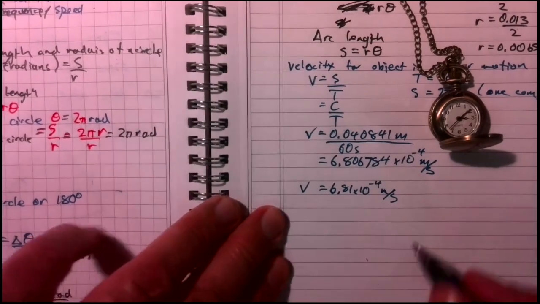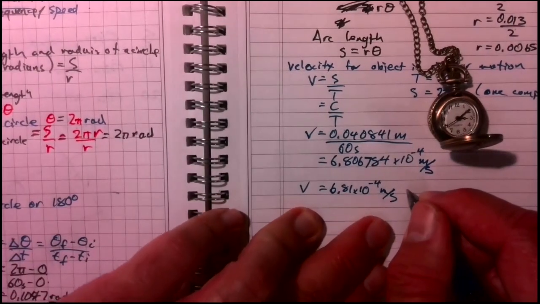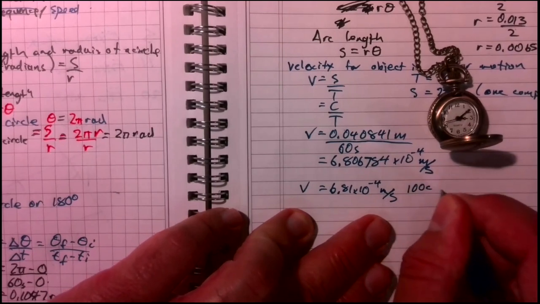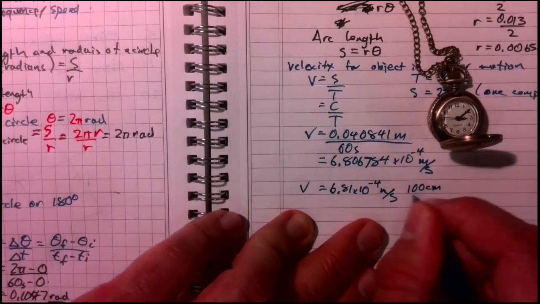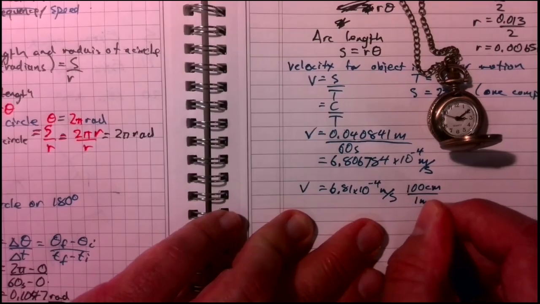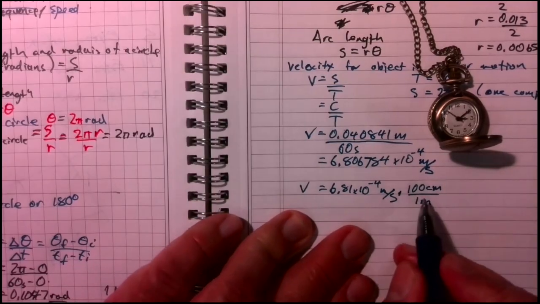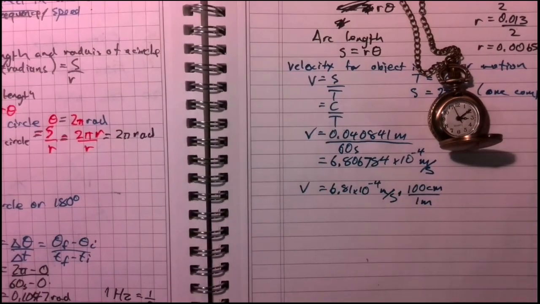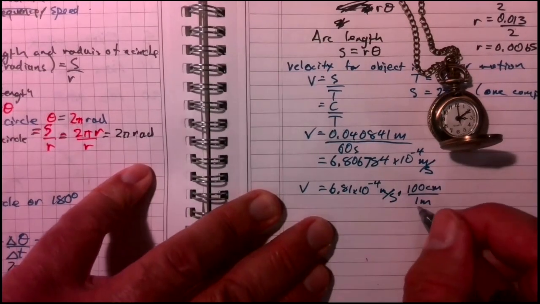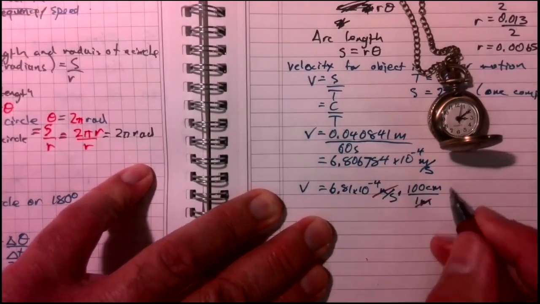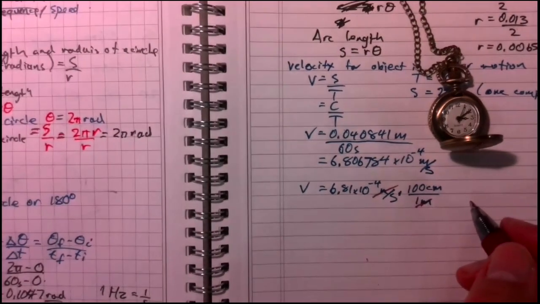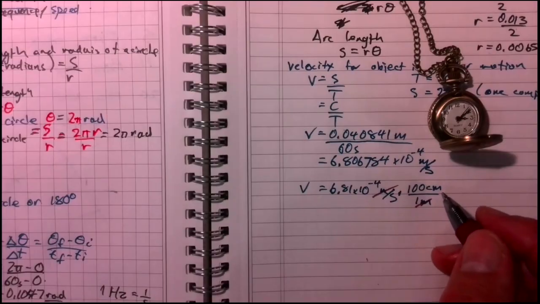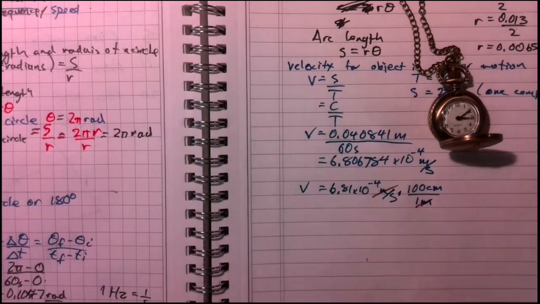If you want centimeters per second, then I know that 100 centimeters equal 1 meter, so you multiply your answer by 100 centimeters per meter. That causes your meters to cancel, and your answer is in centimeters per second. So make sure you check the units you're supposed to enter the answer in, so you don't mess that up.